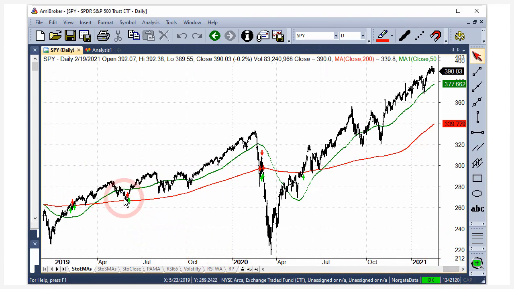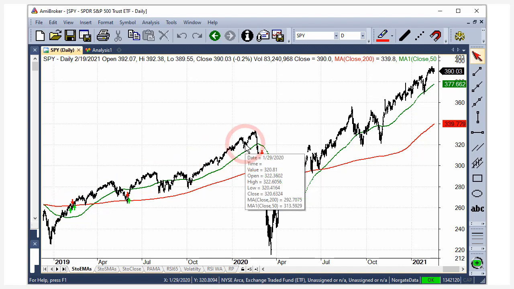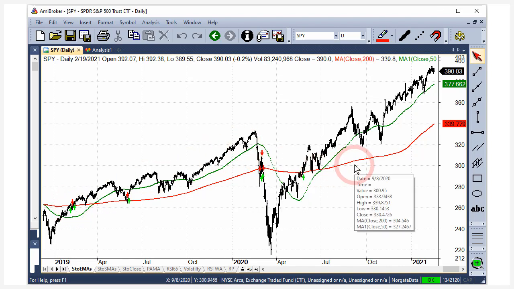So there you can see we got a whipsaw in May 2019. And we had a little whipsaw there at the beginning when this bull run started in the early part of 2019. But the point here is that the 200-day is used for a crossover to identify a trend reversal. In other words, the start of a trend.